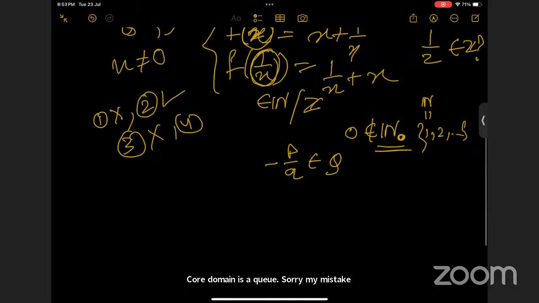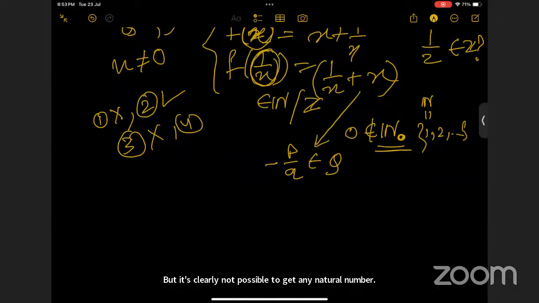So there are negative rational points as well. It's clearly not possible to get any natural number such that the value becomes negative. So this is clearly not surjective.